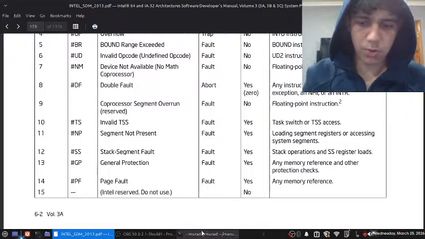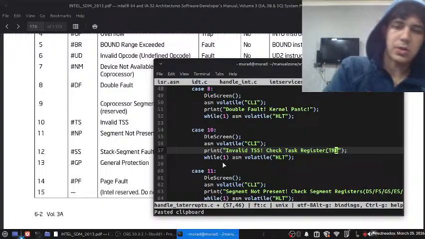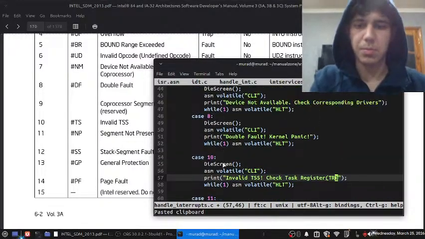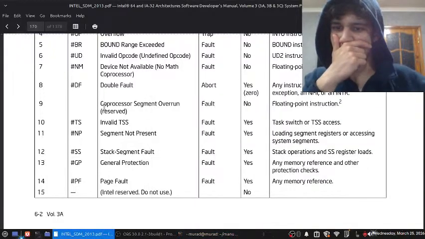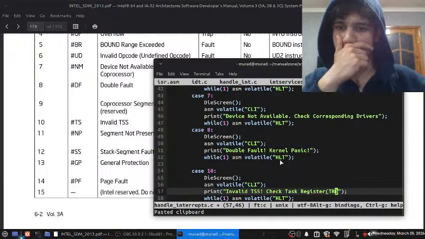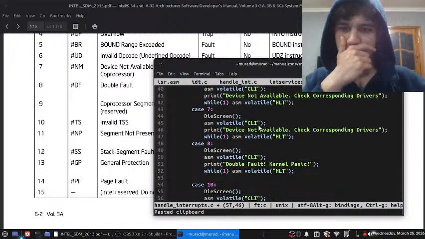I have very good muscles, but my generation is a little bit slow. Coprocessor segment overrun. Result.